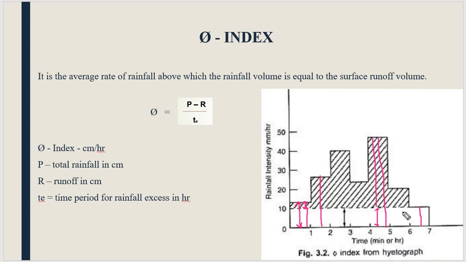The unshaded area below this horizontal line actually represents all the losses, which includes evaporation, interception, depression storage, or infiltration loss. But it is assumed that all these losses are due to infiltration only. We are not taking any other losses other than infiltration. So we are considering all the losses as just infiltration loss.